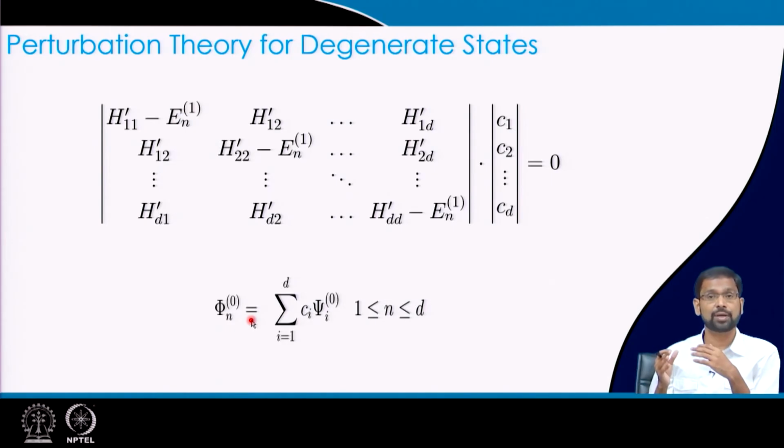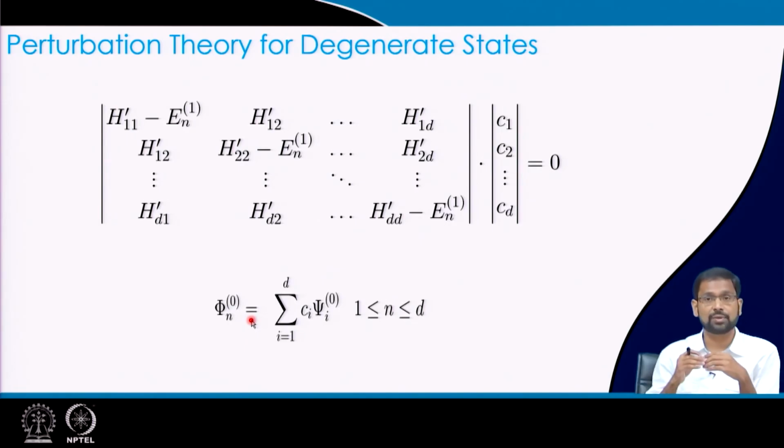The second problem is that after removing the perturbation, we do not know where the system would come back to, because when I have d number of degenerate states, any linear combination of them is also an eigenfunction with the same eigenvalue.